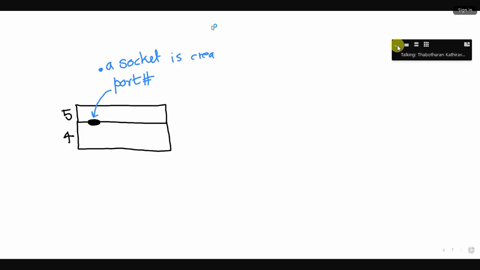The socket is created and the port number is assigned by the transport layer.